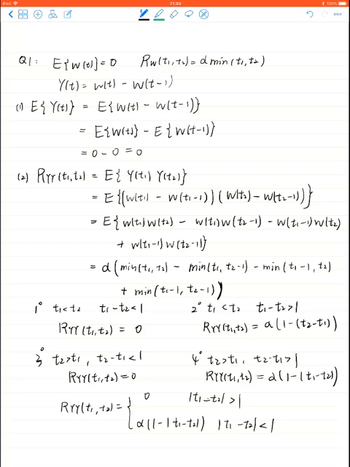In this case, we know that the autocorrelation function R_YY does not depend on t1 and t2 individually, but only on t1 minus t2. So it is a WSS process.